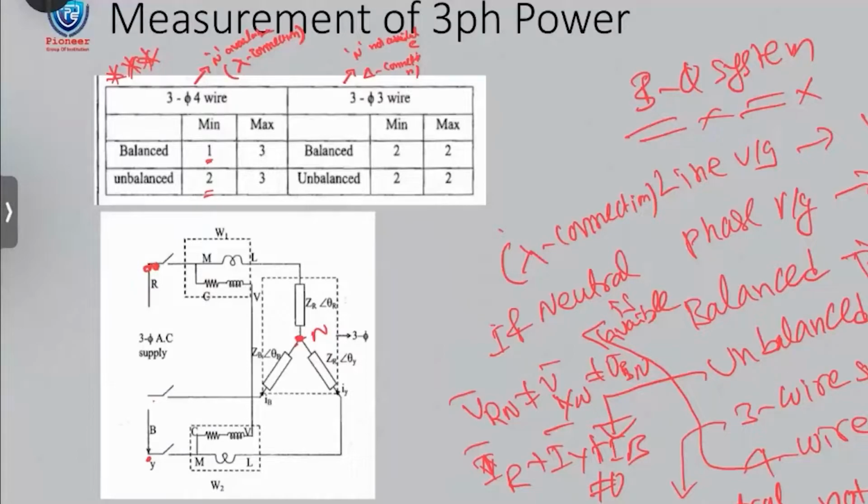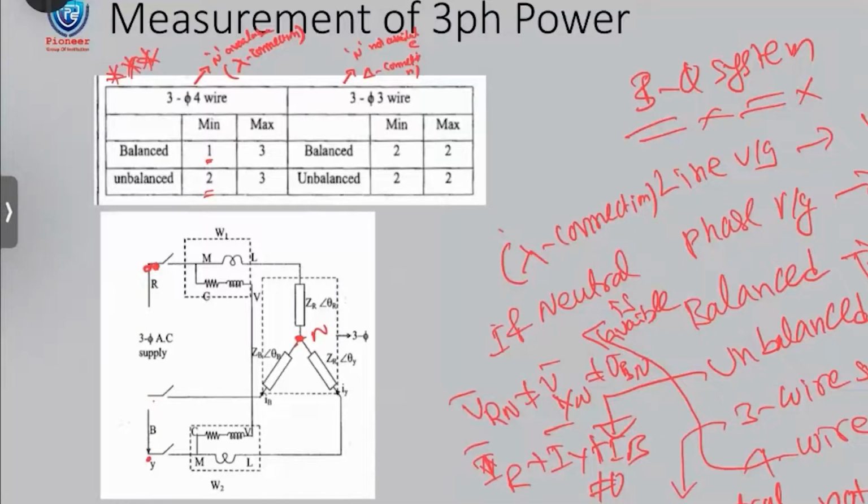If they don't mention anything, we need to consider it as unbalanced only. That's why the answer given was 2 wattmeters. If they specifically mention balanced, then the minimum is 1 wattmeter; with one meter itself, we can do it. So this is very, very important.